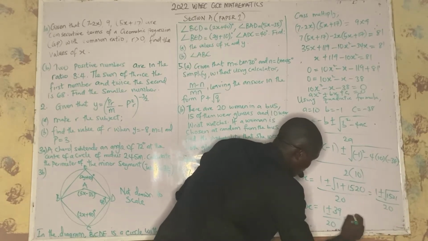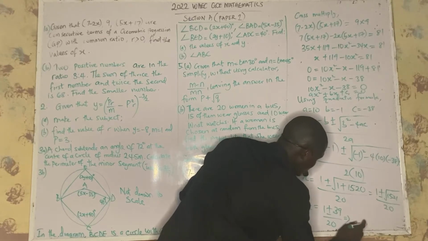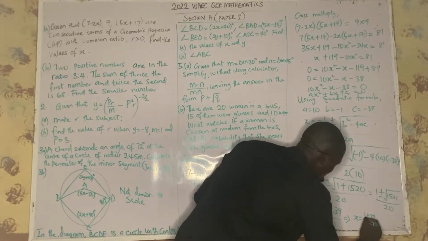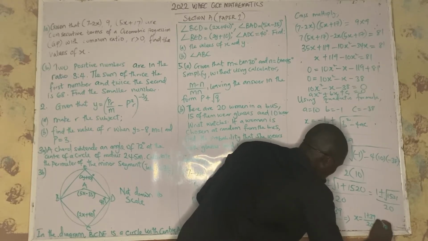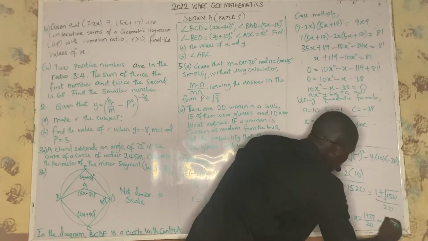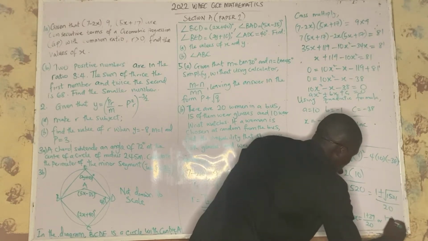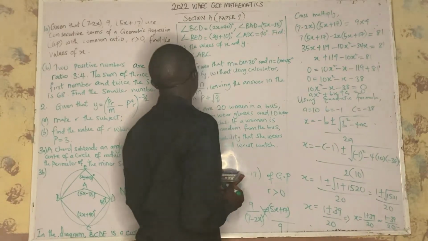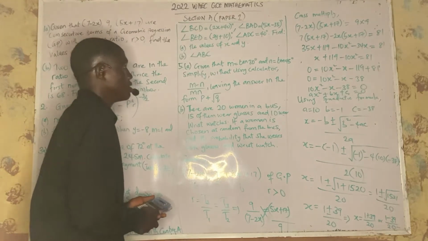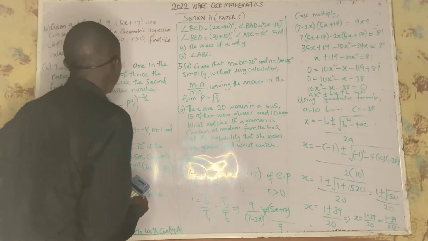So with this now we have x is either 1 plus 39 over 20, or 1 minus 39 over 20. So now, can I just clean the other side here so as to finish this off?